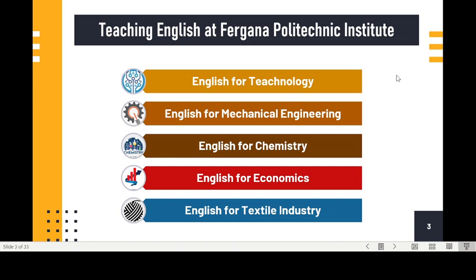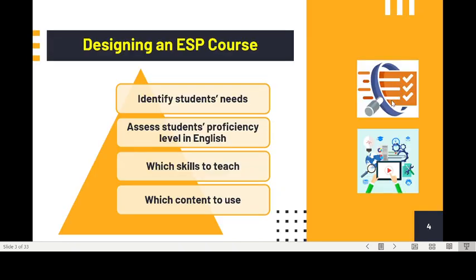Now, at the Fergana Polytechnic Institute, you teach English for technology, you teach mechanical engineering students, chemistry students, economics students, and textile industry students. When we teach English for polytechnic purposes, we have to do the following things.